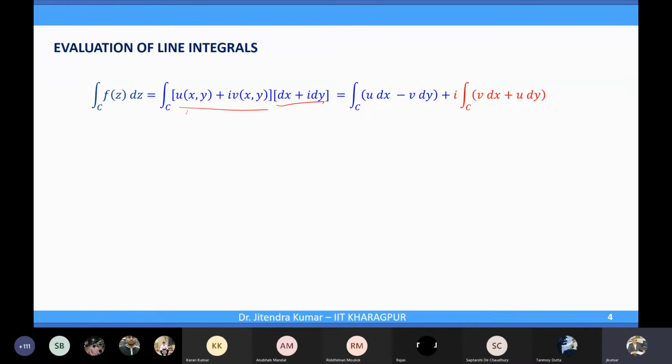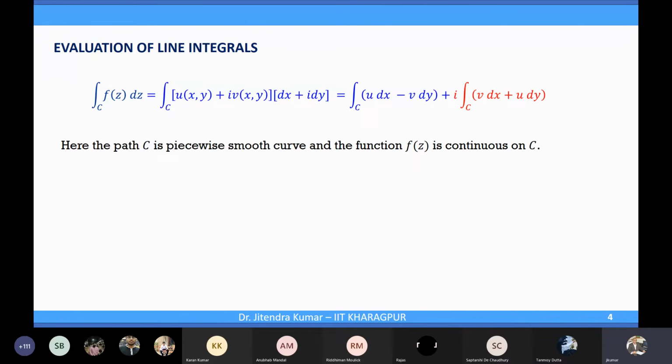If you multiply these two, the first one is the real part and the second one the imaginary part. So you will get these two integrals, one over this curve of u dx minus v dy, the second one is v dx plus u dy, just by simple multiplication of u plus iv with dx plus i dy. So this is the general form, there's nothing specific here, no special techniques so far.